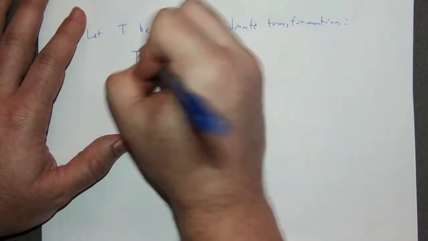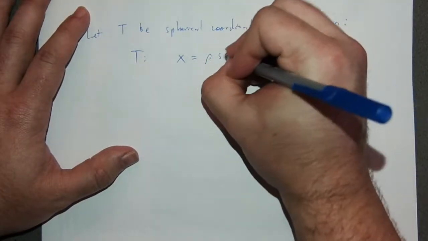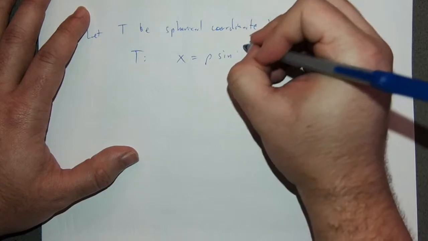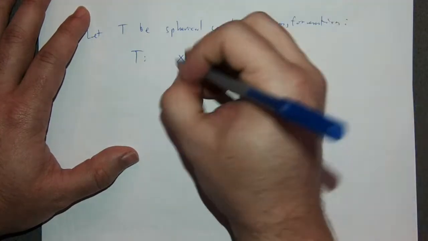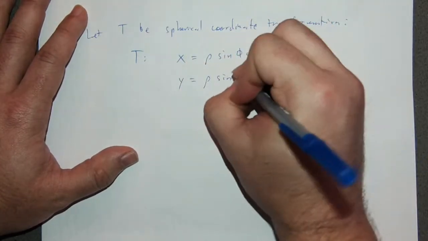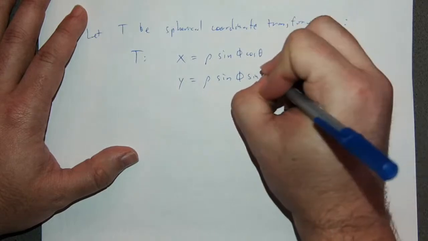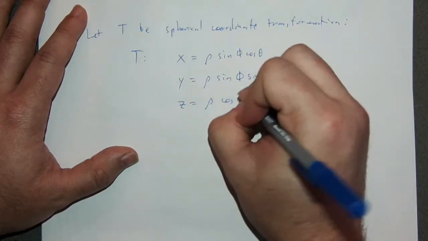So what's the spherical coordinate transformation? x is equal to rho sine phi cosine theta. y is equal to rho sine phi sine theta. And z is equal to rho cosine phi.